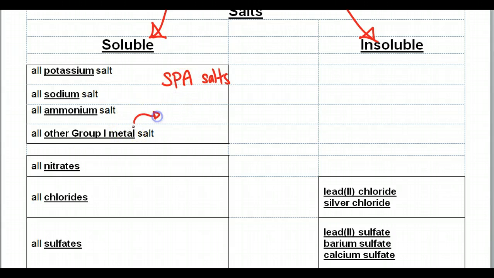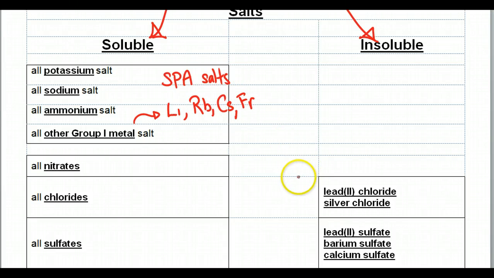The other group 1 metals, lithium, rubidium, cesium, and francium, when they form a compound, will also be soluble in water. So lithium salts, rubidium salts, cesium salts, and francium salts will all be soluble in water.